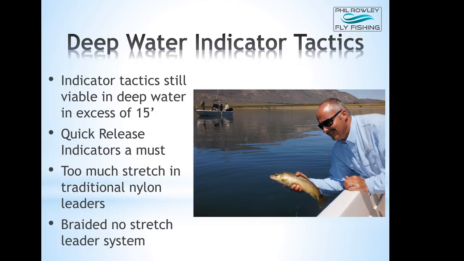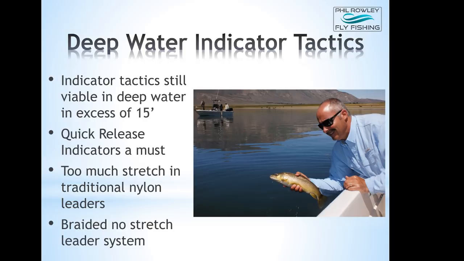So if there's not enough tension or your strike's absorbed, the indicator won't release consistently. So now you've got this fish fighting on the leader, the indicator hasn't popped, the indicator's jammed up at the rod tip, and this fish is 19 feet away. It makes it a bit of a challenge to land. You've got to try and pull the line in, grab the peg out, make it slide out that way. It's a bit of an interesting dance to watch.